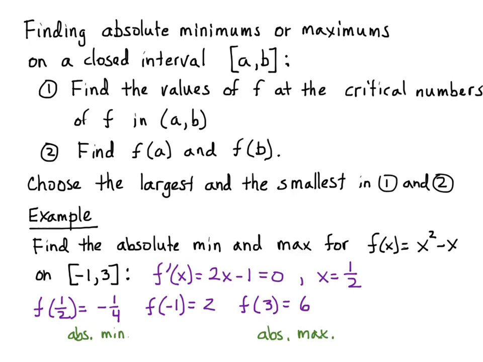And here we have a derivative that equals 0 at x equals 1/2, so the 1/2 is a critical point, so we evaluate that. We evaluate the endpoints, and we choose which is the biggest and the smallest values. Okay, everybody up with that?